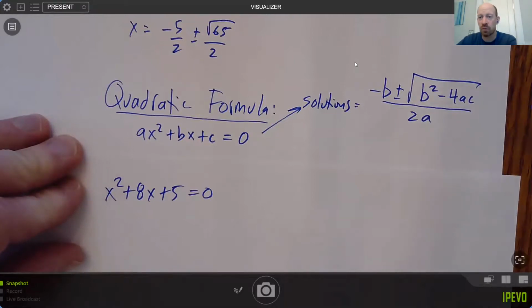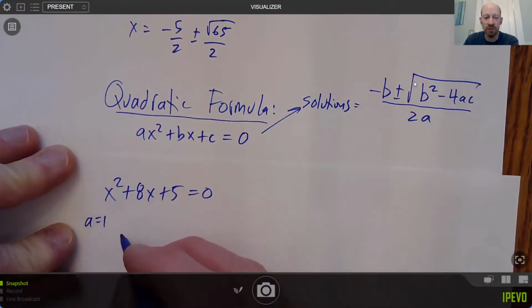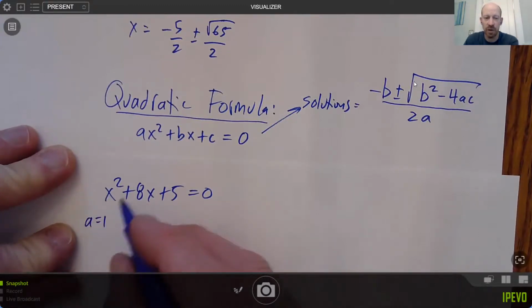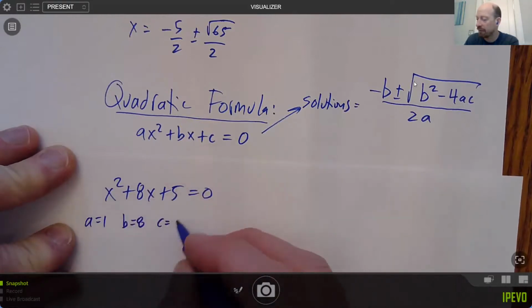And so we'll just check to see that it's really giving us the same thing. So in this case, the A would equal 1, because it's the coefficient on the x squared. The B would equal 8, and the C would equal 5.